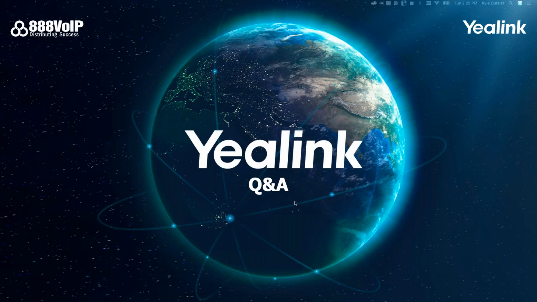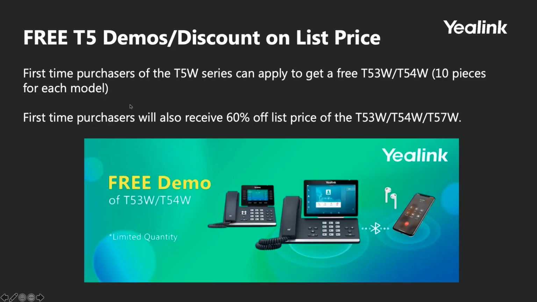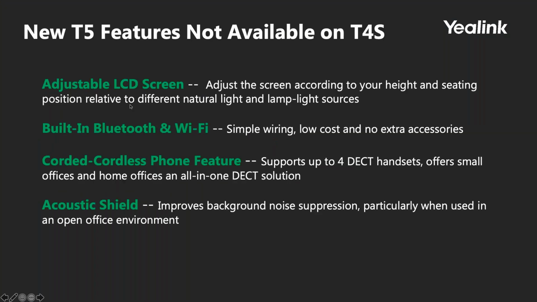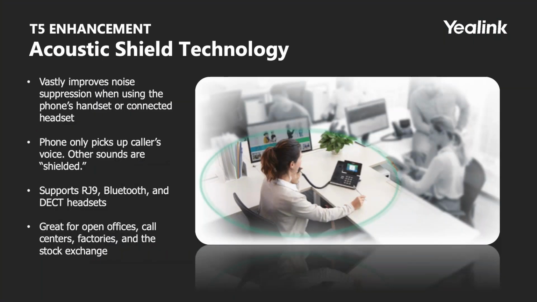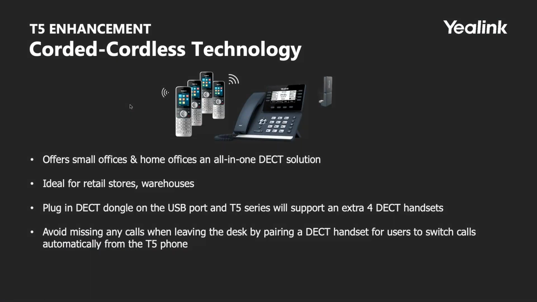So a good question came in, are there now 2 USB ports? We no longer need Wi-Fi or Bluetooth dongles, but could we use a DECT dongle and a sidecar at the same time? Good question. The answer is there's 1 USB port. So specific to that application, no. It's one or the other when it comes to using a USB port for your sidecar or for DECT.